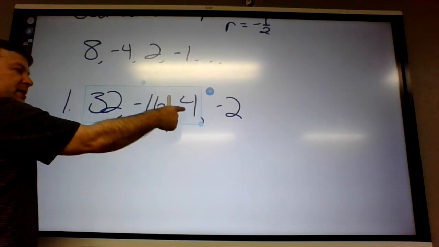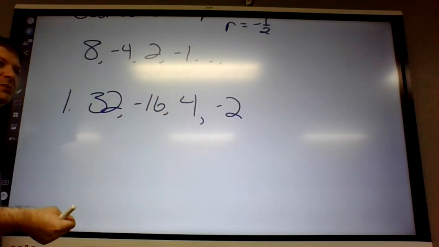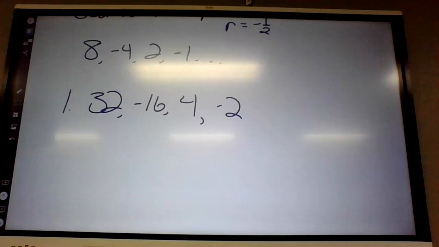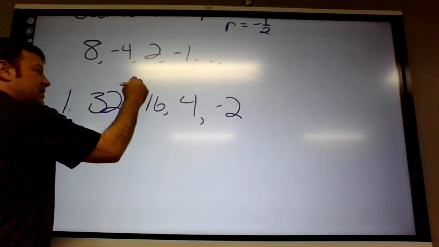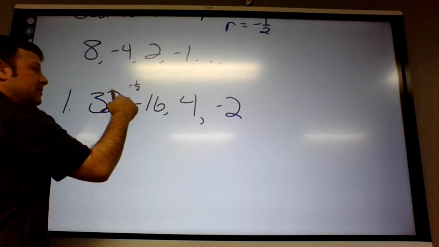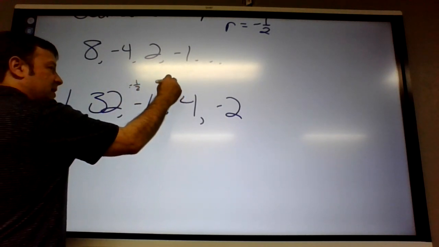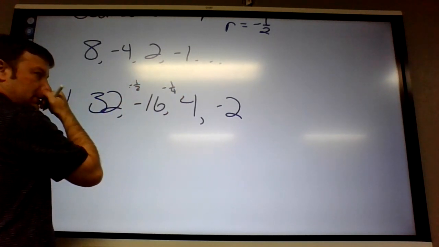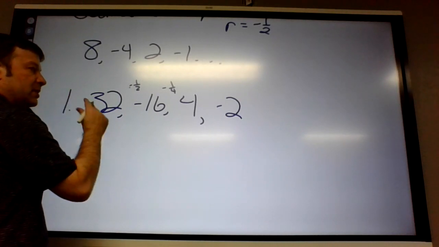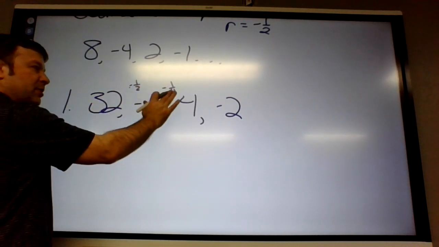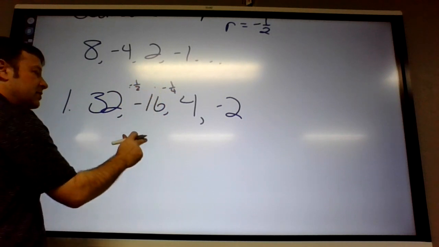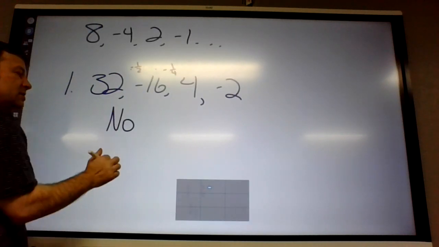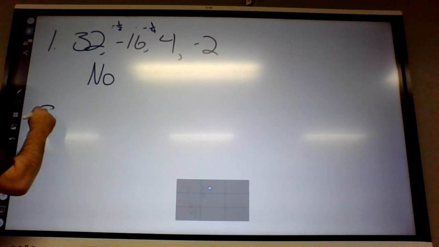Does that get us from -16 to 4? No. So this one is times -1/2, just like my example, but this one would be times -1/4. So it didn't work. It's not the same number over and over again, so this is not a geometric sequence.